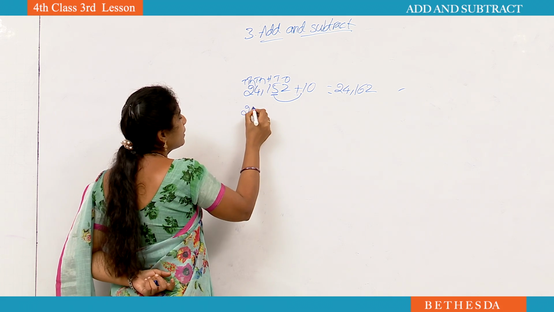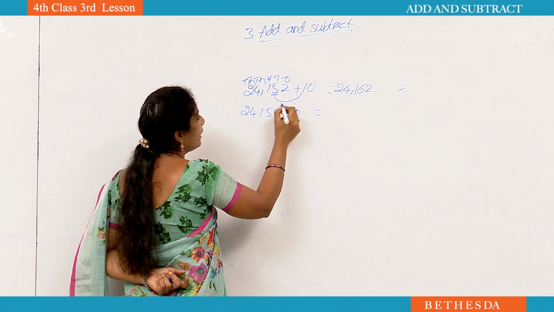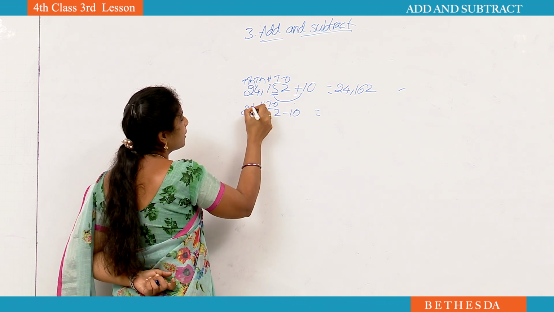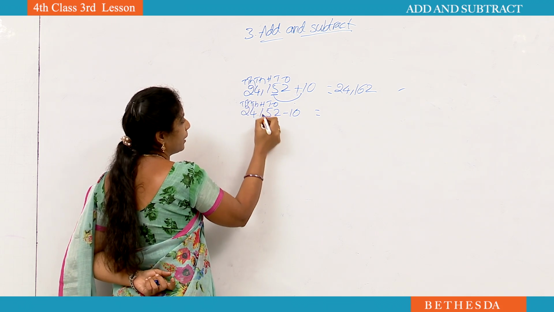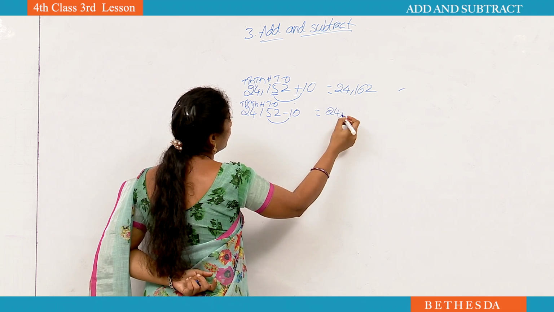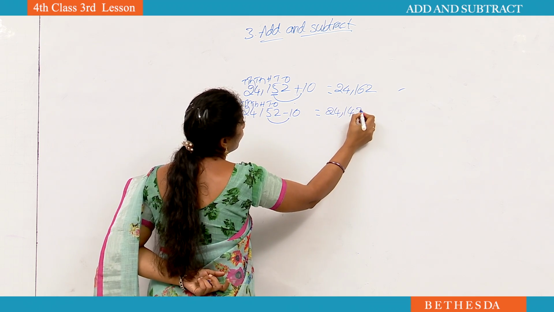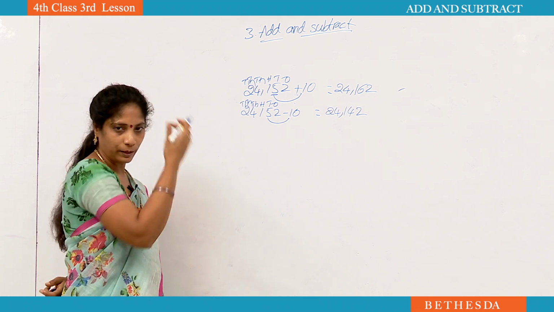If you subtract 10 from any number, here also only the tens place will change, but here we have to do subtraction. 5 minus 1, 4. Remaining numbers as usual: 24,142, 5 minus 1 is equal to 4, and the ones place number as usual.